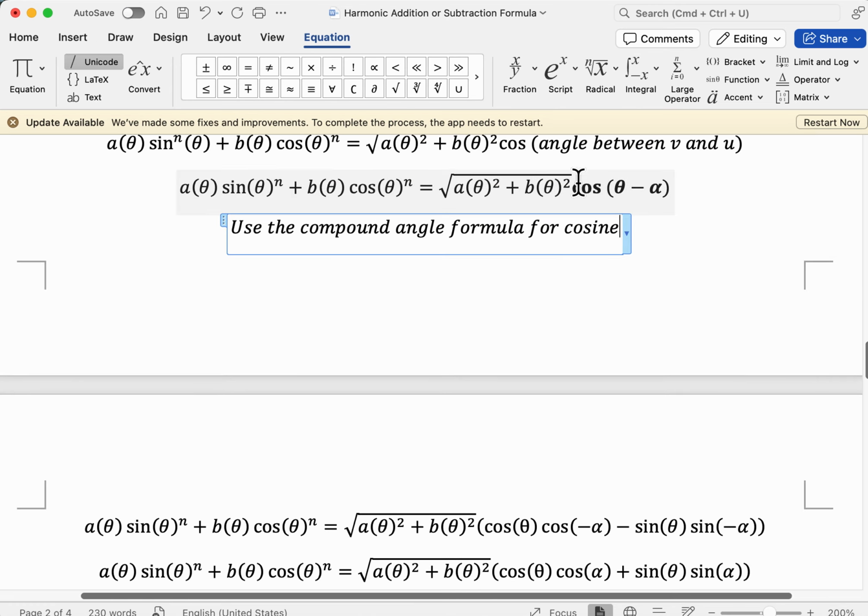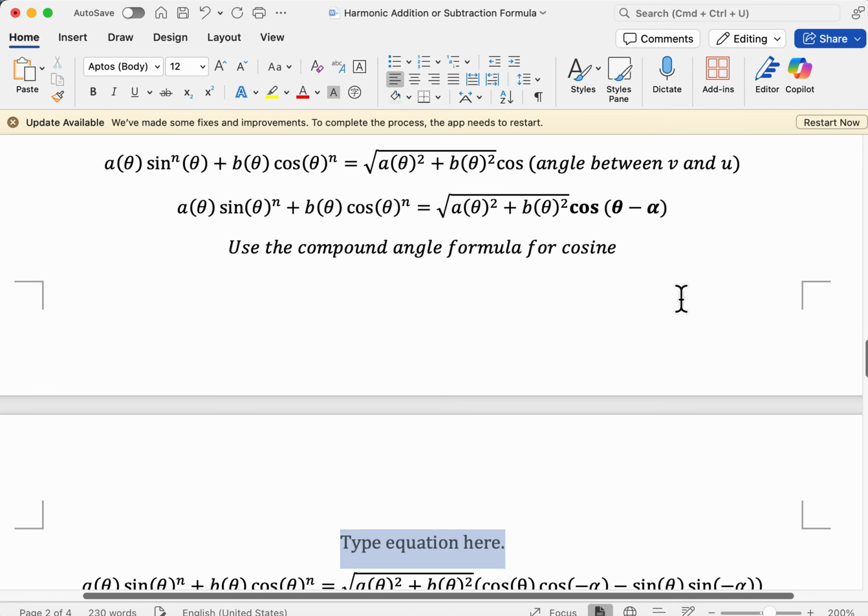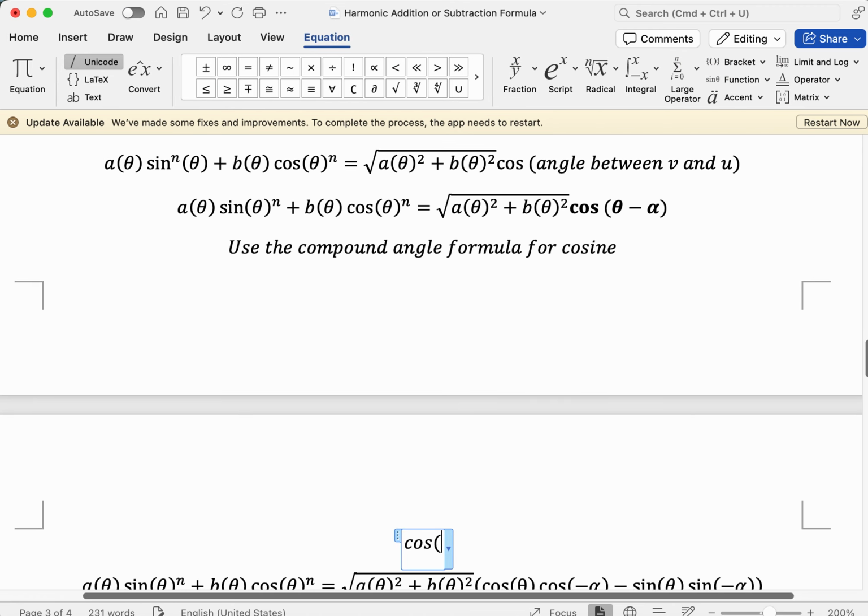Basically, this difference can be expressed, well, technically you consider it the sum and then put in a negative angle, but it would always be cosine of theta plus alpha equals cosine theta cosine alpha minus sine of theta sine of alpha.